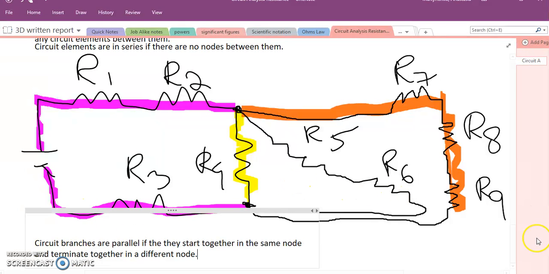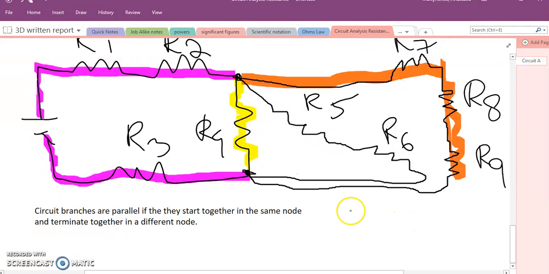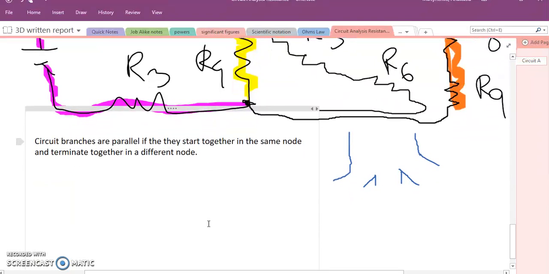So my personal favorite way of thinking about this is a river. So here's a river. I'm going to draw it. And it's not going to look pretty, but I'm going to draw it. So here you've got a river. And then all of a sudden it splits up 3 ways. But then, all of a sudden, it merges together.